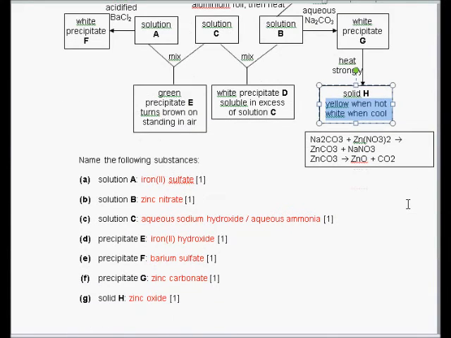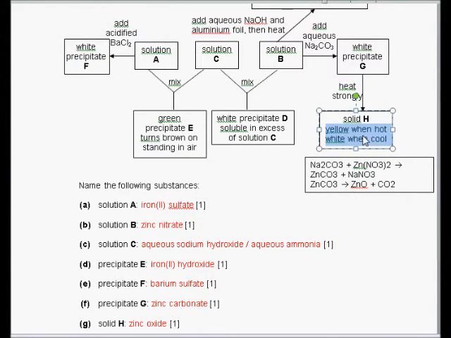Okay, however, if you are able to mention that this is actually zinc carbonate, and this is zinc oxide, good. Now if you answer this to be lead 2 carbonate, I will still mark you correct, because you may not be aware that this is a signature behavior of zinc oxide. So this one I accept lead 2 carbonate or aluminum carbonate.